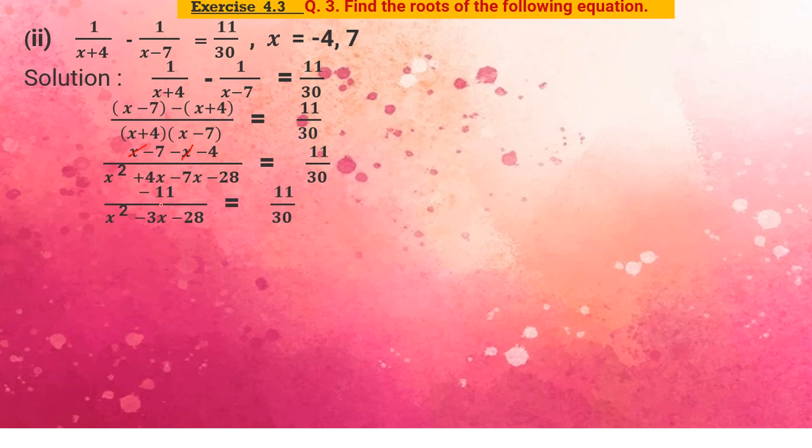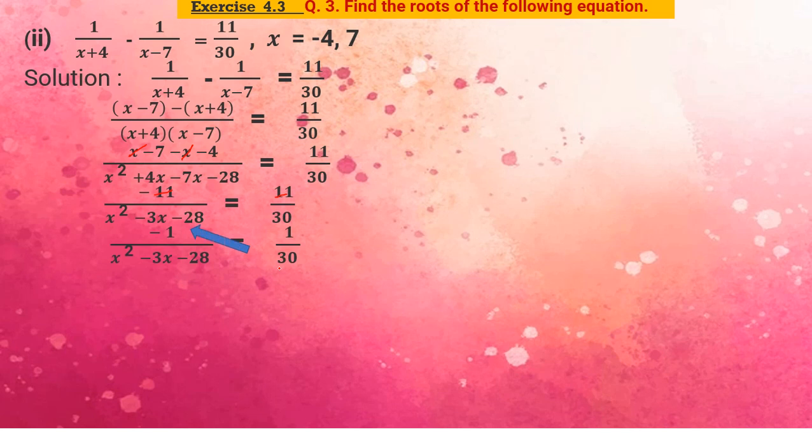On the left hand side and right hand side, the numerator is the same, the denominators are not the same. So the numerators are the same, and these 11 and 11 will cancel out from both sides. So we get 1 upon x square minus 3x minus 28, with the minus sign also there, so minus 1 is the numerator, is equal to 1 upon 30.